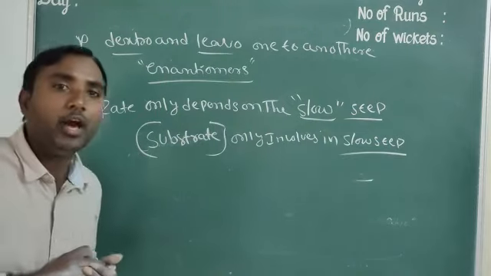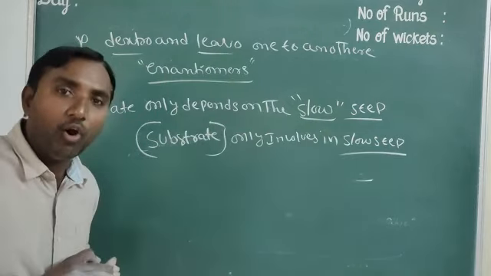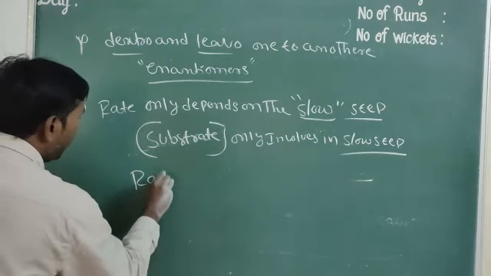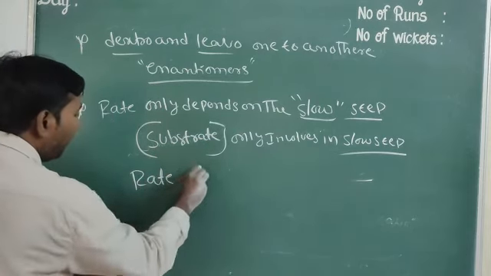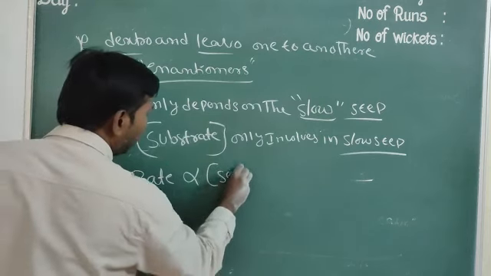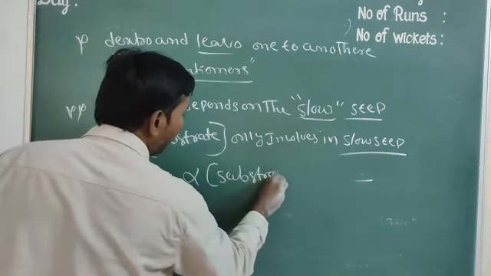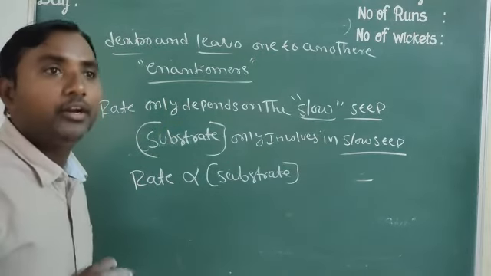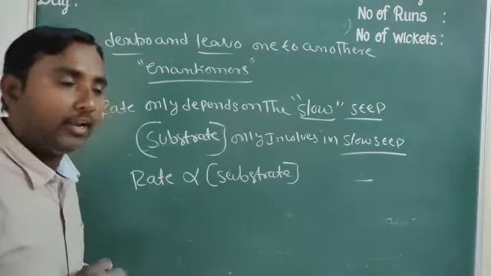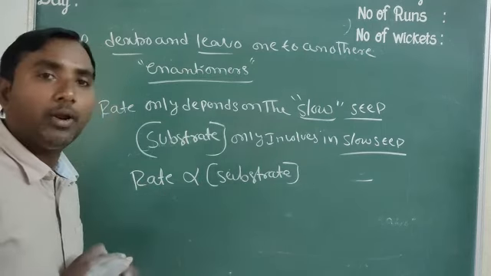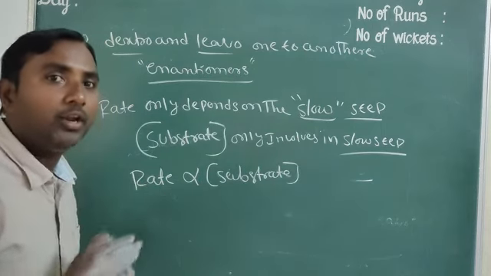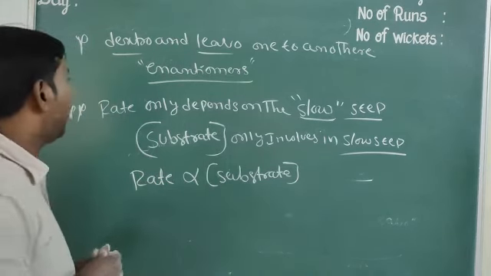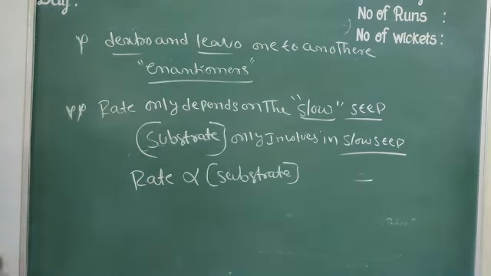A nucleophile or base does not get involved. That's why in the SN1 reaction, the rate only depends on the substrate or reactant, but does not depend on the nucleophile. That's why it is called a unimolecular reaction. Okay, this is about the SN1 mechanism.